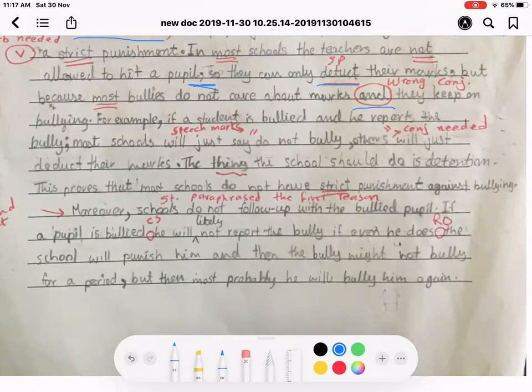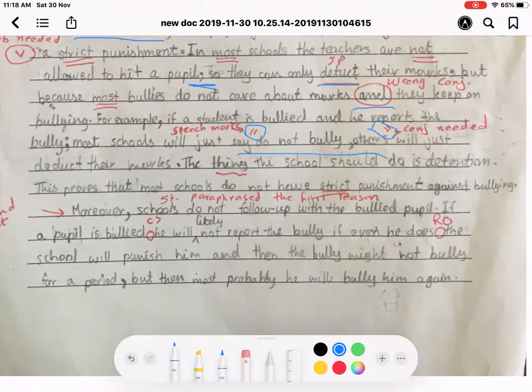Next sentence: "For example, if a student is bullied, he reports the bullying." That's a good example. A semicolon. "Most schools will just say", he should have used speech marks here, because this is somebody else speaking. These are speaking words, and also a conjunction is needed here.